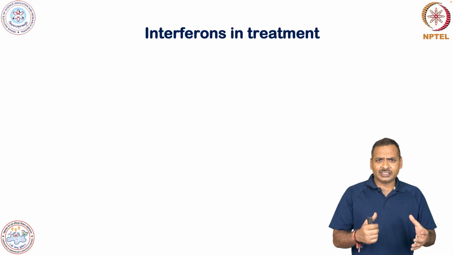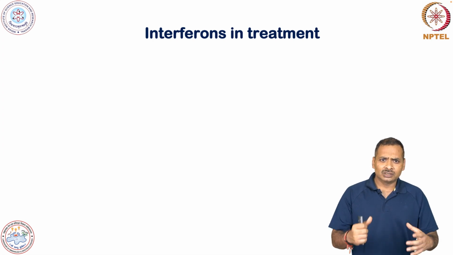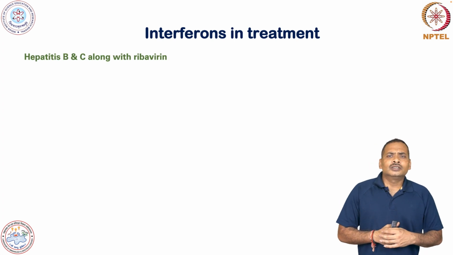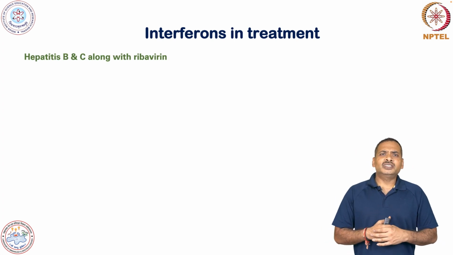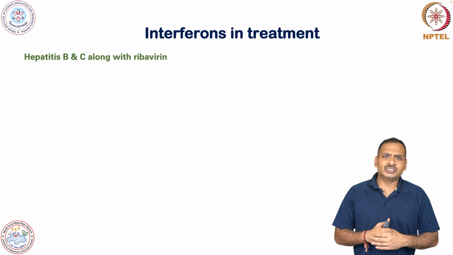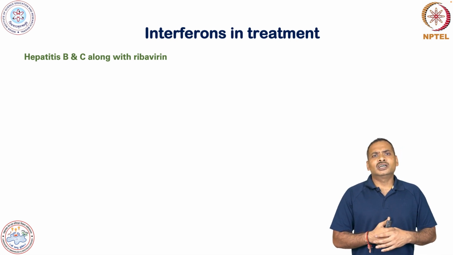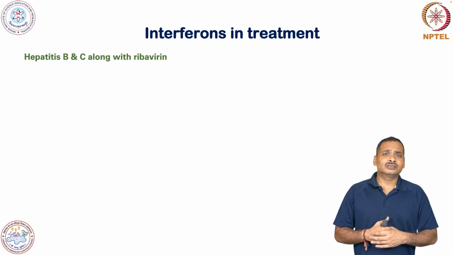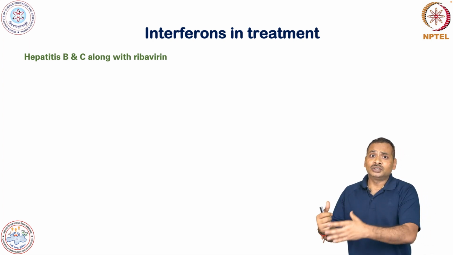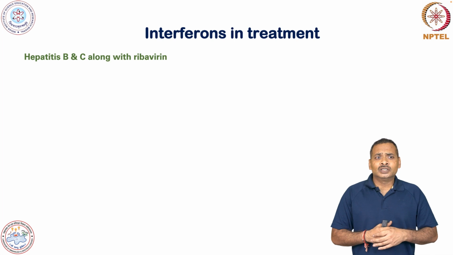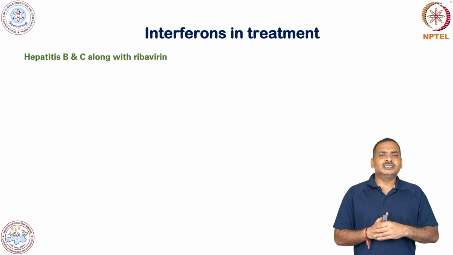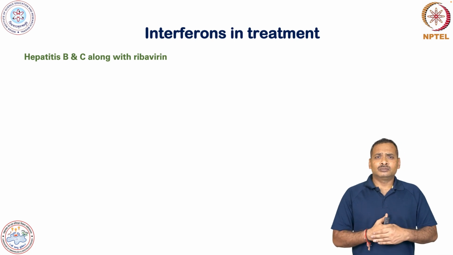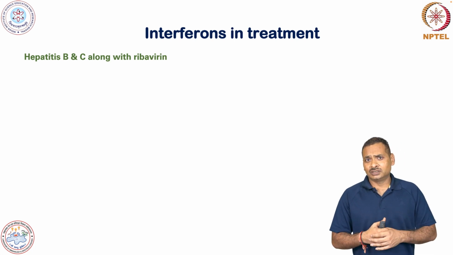So let's look at the interferons. In this session I will mainly focus on the interferon. You might be aware that some virus infections cause hepatitis, which eventually results in jaundice, or may result in oncogenesis. Hepatitis B and C infection is basically treated by interferons.